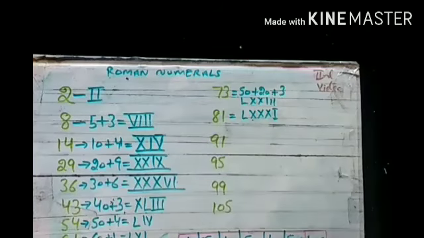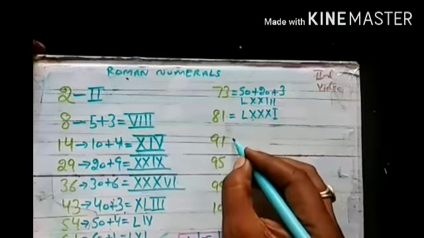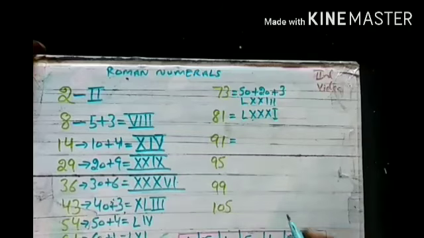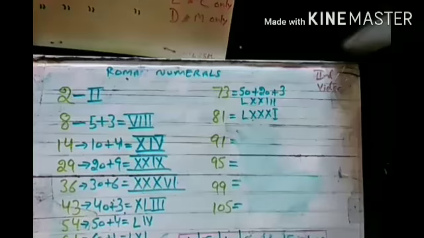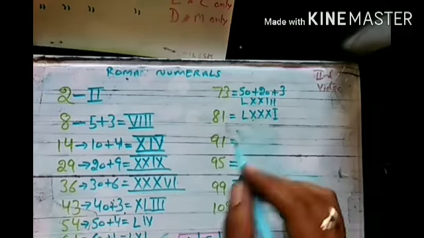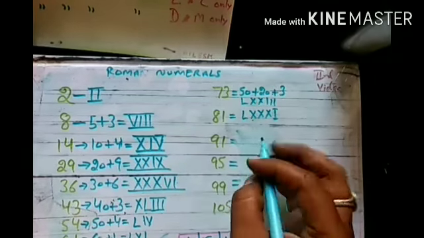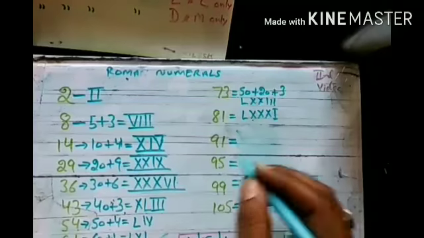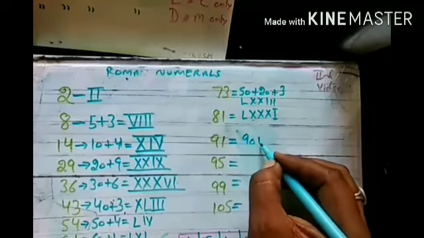Now 91. How will we write 91? 91 is 90 plus 1. And how does 90 become? It becomes by subtracting 10 from 100. Now, what is the symbol for 100? That is C. I will subtract 10 from 100. 91 means 90 plus 1.